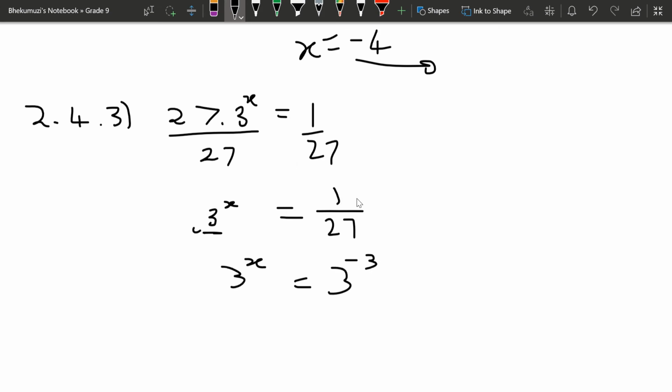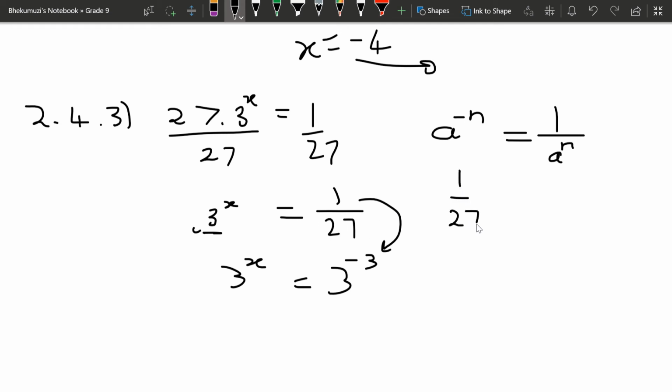The exponential rule that was used to move from here to here is the one that says that any base a with a negative exponent can be rewritten as a fraction of that base and that exponent.